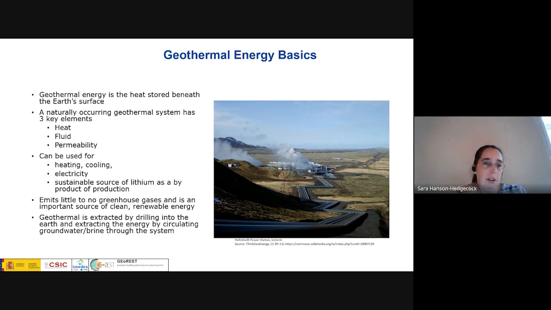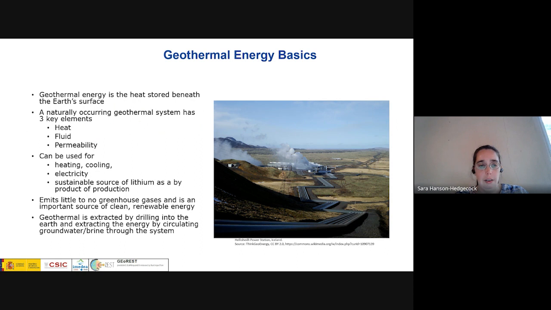But in order to have a good geothermal system that can produce all this energy, you have to have three key elements: heat, fluid, and permeability, or basically the ability for fluids to move through the subsurface. This is important because you need an economical geothermal system that can produce a lot of energy, make money, and be cheap for people.